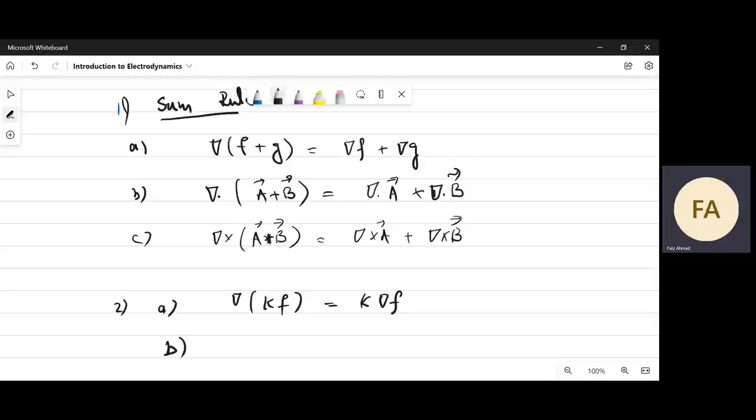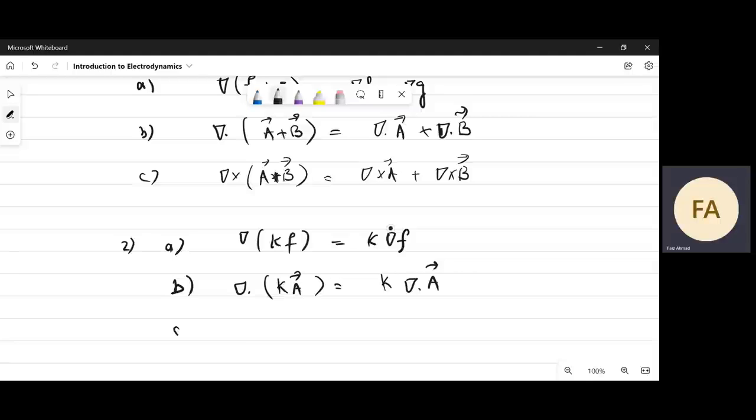Then del dot of kA, where k is again a constant, so we are left with k del dot A, as k comes out. And third is del cross kA, which turns out to be k del cross A.